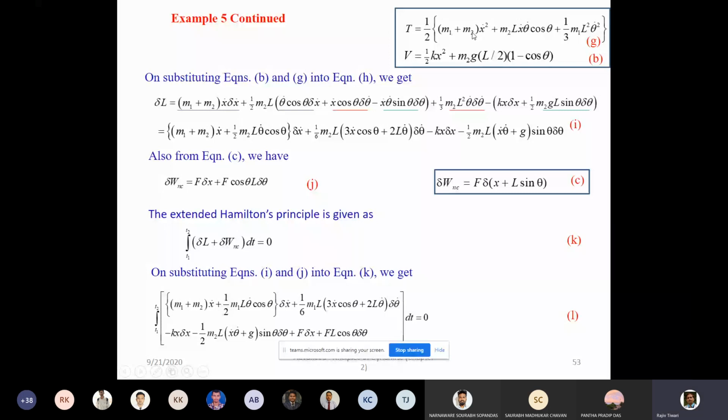The second term is more complex because it has three generalized coordinates multiplied by each other. So when we take the variation, we will get three terms out of this. One by one we need to take the variation. First we take the variation of x dot, then theta dot, then cos theta.